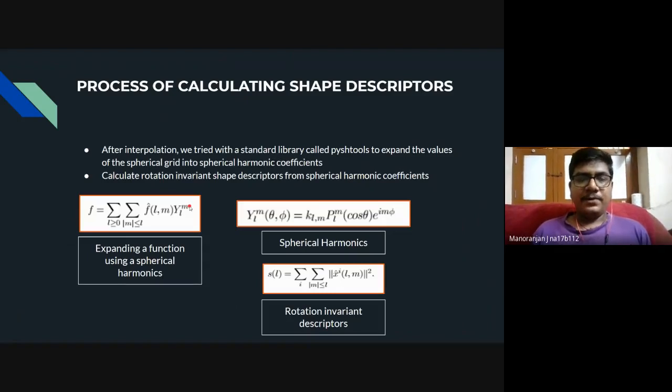If you remember, we should have come across this in one of the differential equations courses. Y_lm of theta, phi is defined by this formula. For each L, we'll have 2L plus 1 M values. We can choose L here, and depending upon how we choose, we can model the shape accordingly.